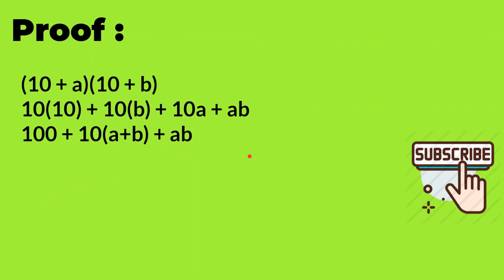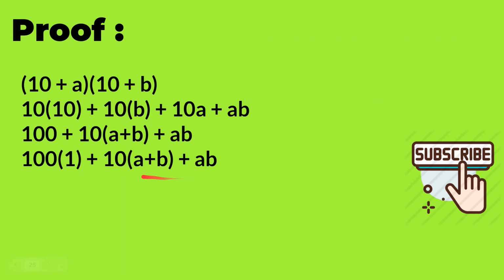So 100 can be represented as 100 times 1 plus 10 times a plus b plus ab. So in the hundreds place we have 1, in the tens place we have the sum of a and b, that is the units digits, and in the units place we have the product of a and b, that is the units digits. So this is proved.